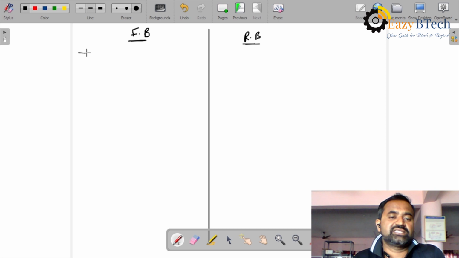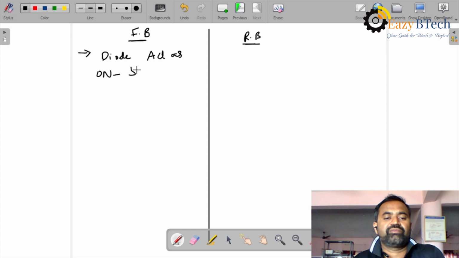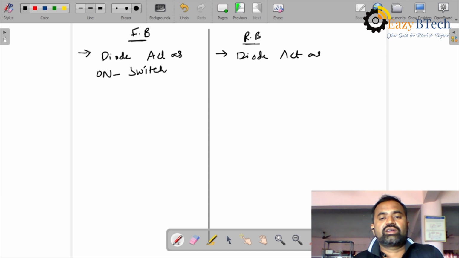Under forward bias, the diode acts as an on switch. In reverse bias, the diode acts as an off switch.